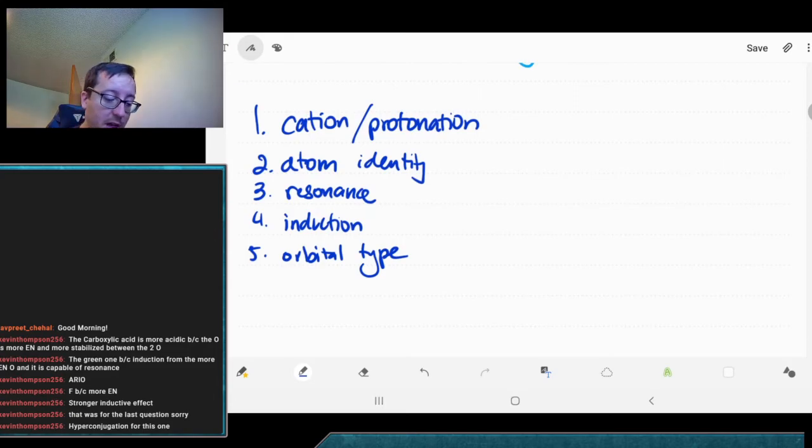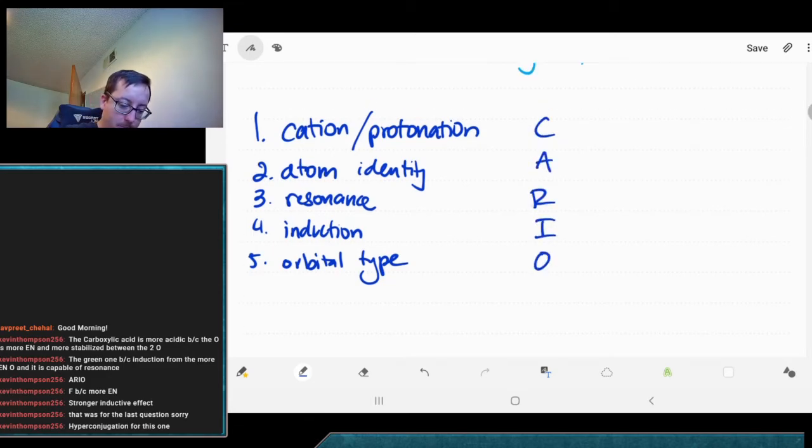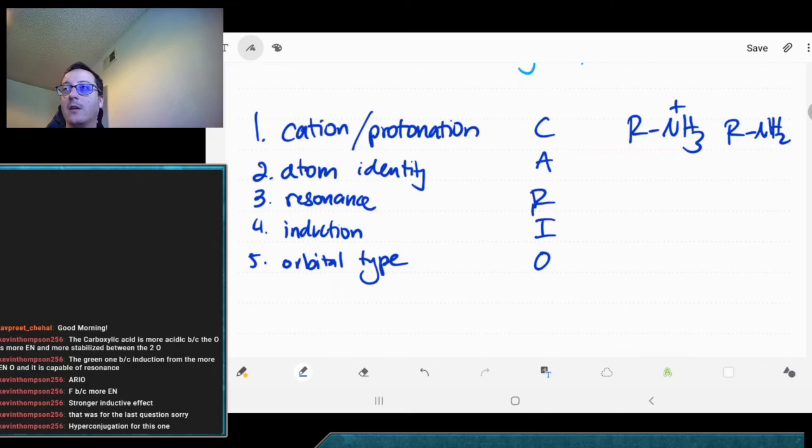I think our book only covers 4, but that's okay. So as Kevin mentioned, there's this REO idea. The cation one's super easy. Again, we're saying, is this going to be a better acid than this? You better believe it. That's the cation one, remember? So we're going to see that that's definitely a factor.